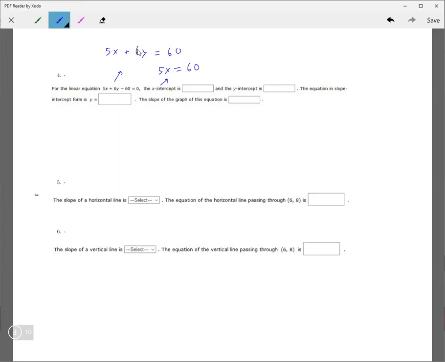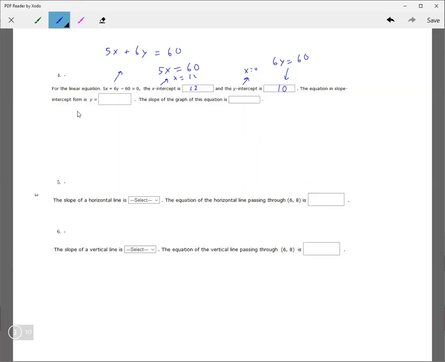You just ignore that, or you can cover that up with your finger, and then just solve this equation here, or rewrite it like this, and this gives you 12. And then for the y-intercept, you just set x equal to 0. So you have 6y equals 60, and that's going to give you 10.